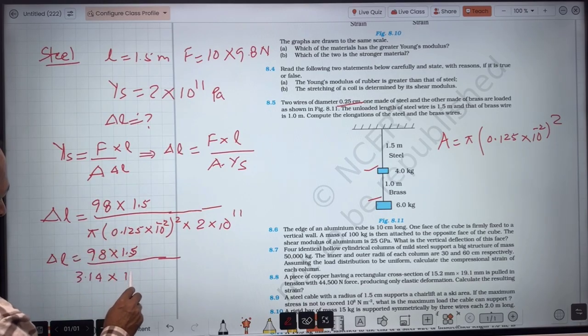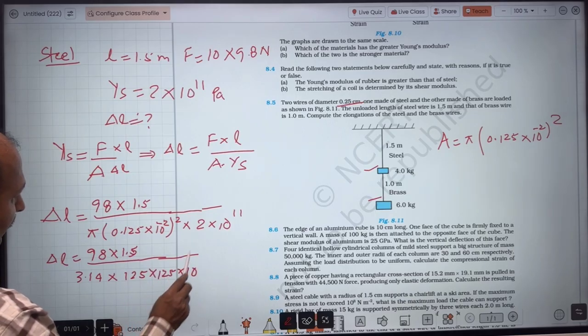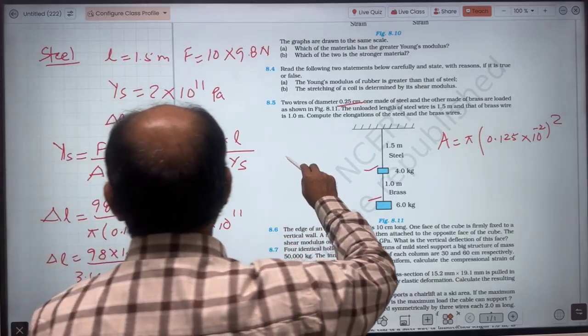So 125 into 125 into 10 to the power, did you understand or not?